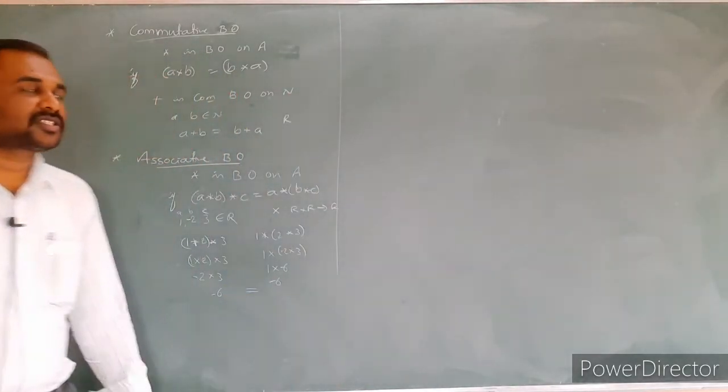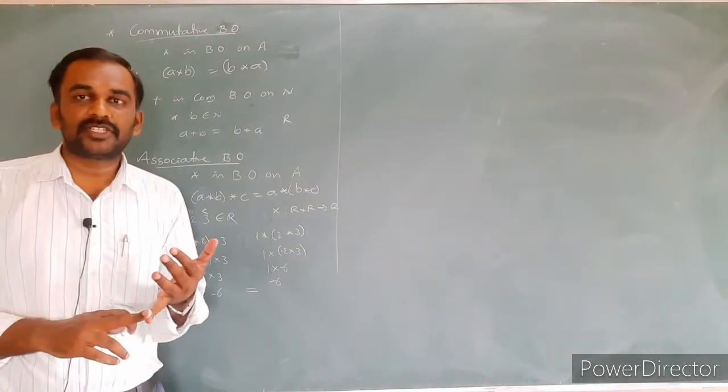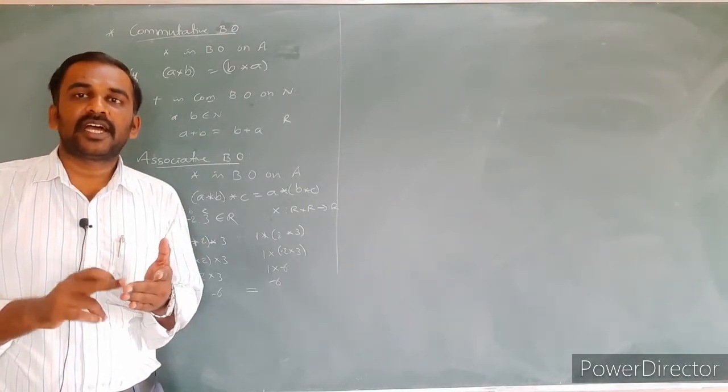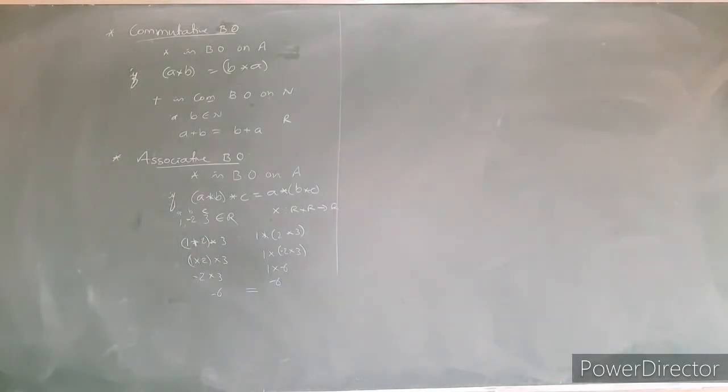Okay, based on these definitions of binary operation, commutative binary operation and associative binary operation, let's take a few examples.